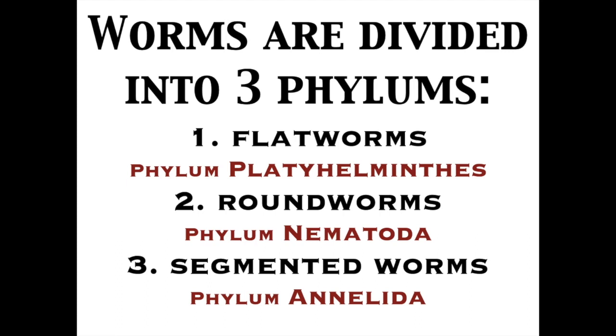Then we have segmented worms. Remember, a segment is a division, a separation. So phylum Annelida, these are earthworms, sandworms, and leeches. And these worms have little segments or separations, little tissues within their body that separate it.